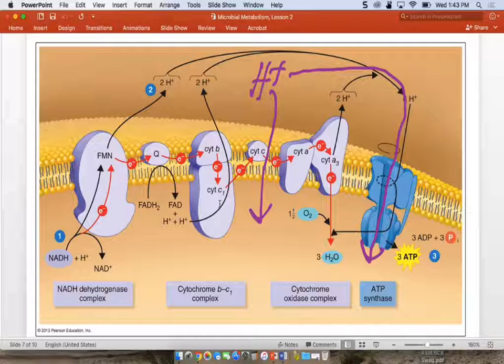And what's important is being able to make the connections between the ATP, the hydrogen ion concentration, and the electron transport itself. Anything else? If anything, what's the major role of the Krebs cycle? Reduction of those coenzymes.